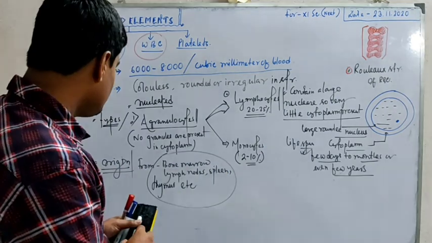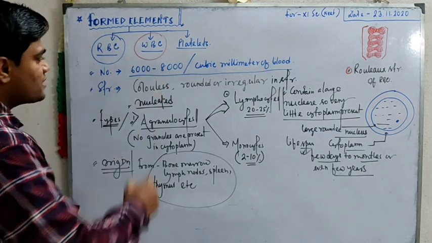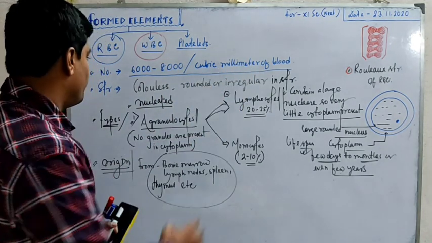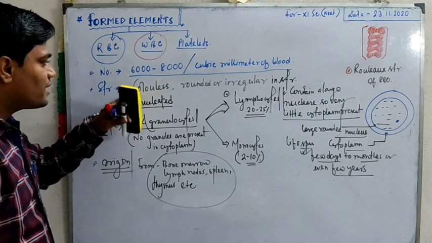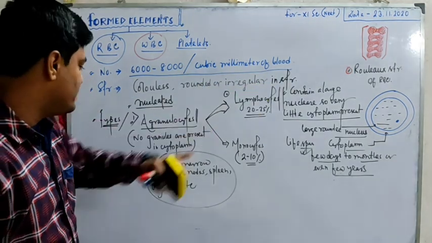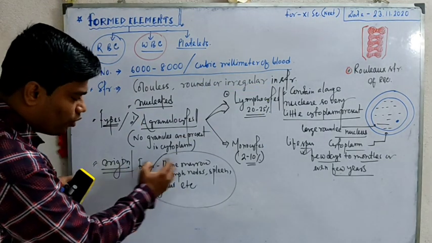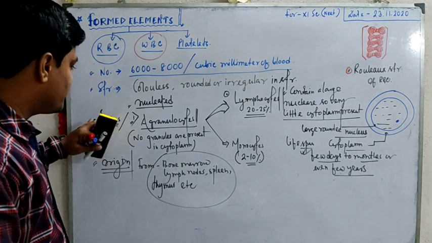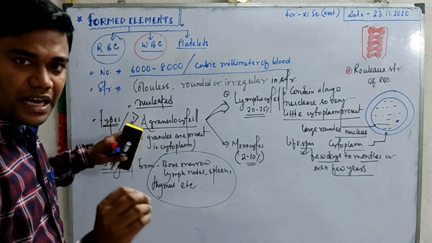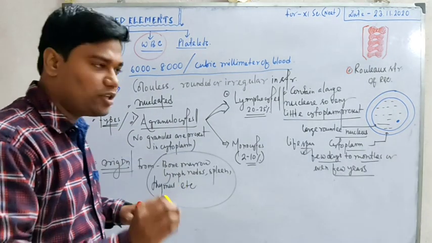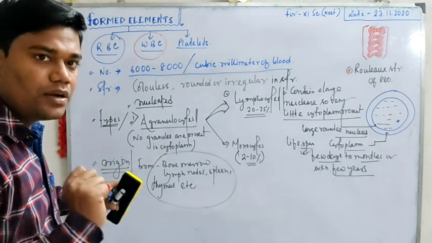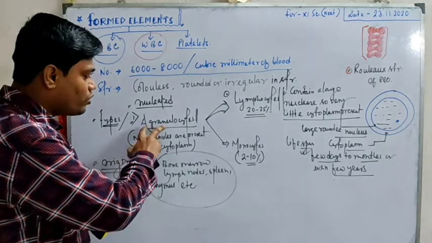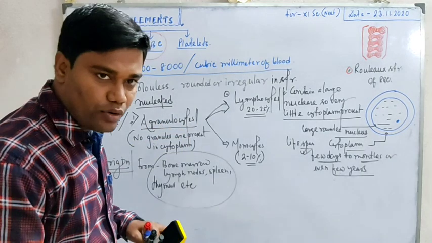So look, the number is 6,000 to 8,000 per cubic millimeter of blood, structure colorless, rounded, irregular in structure. Origin: bone marrow, lymph node, spleen, thymus, etc. The types, on the basis of the presence of granules in cytoplasm, are divided into two categories: agranulocyte and granulocyte.